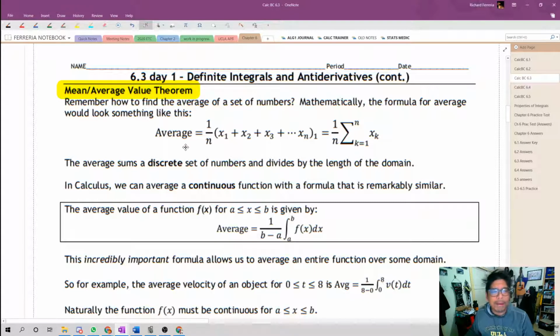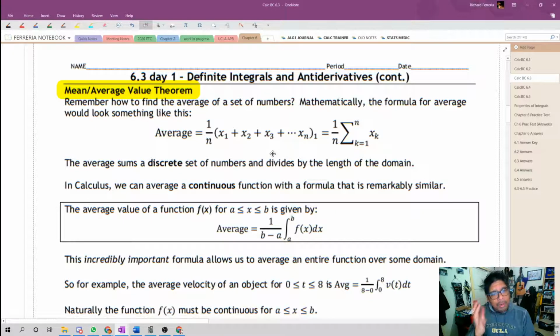So let's remember how to find the average of a set of numbers in arithmetic. In arithmetic, we just add our set of numbers together and divide by how many numbers there are. So 1 over n multiplied by the sum of x1 to xn.